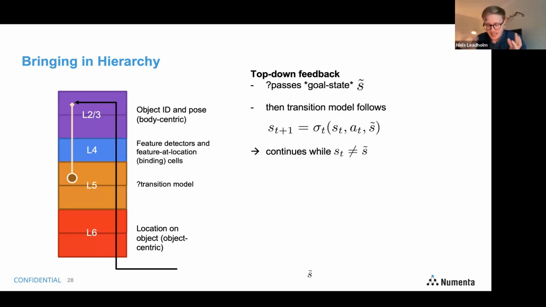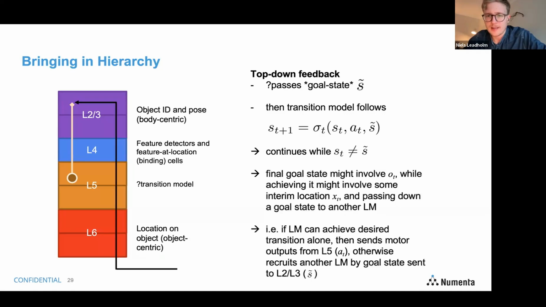But the thought is that you pass this goal state to a learning module, and it's basically going to transition through this by initiating whatever policy it has until it reaches that goal state.